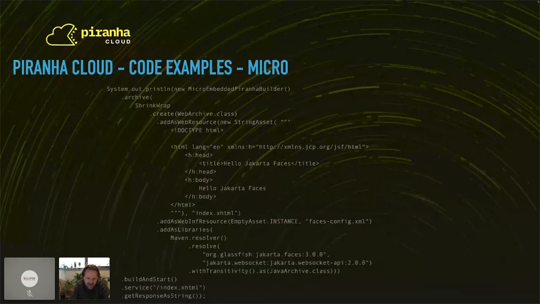So we give it the thing it needs via Maven coordinates. So it needs two things here: Jakarta Faces, which is the Mojarra implementation, and the Jakarta WebSocket API. So when this here runs internally, it will load those things via Maven.